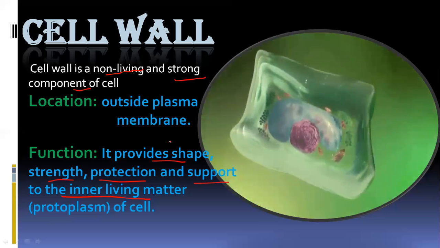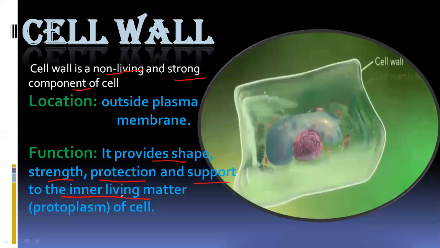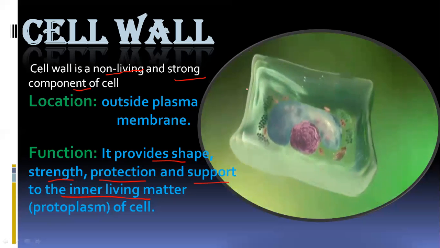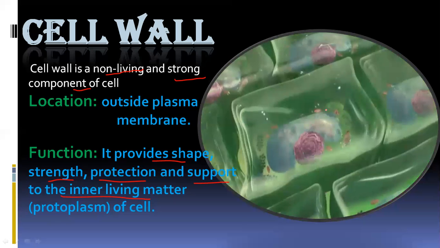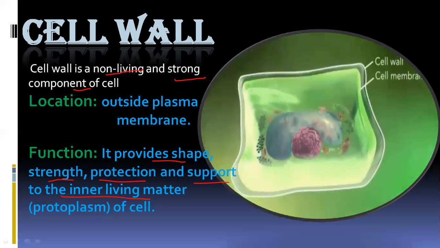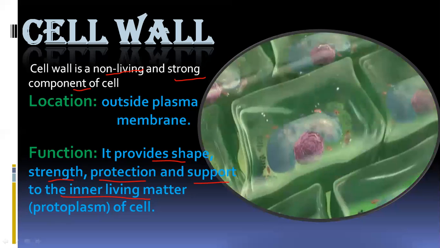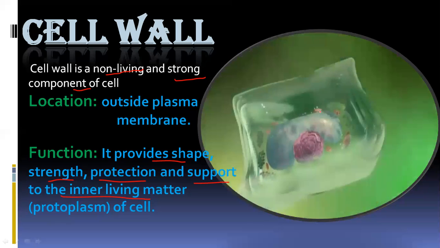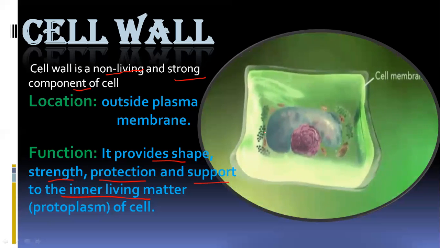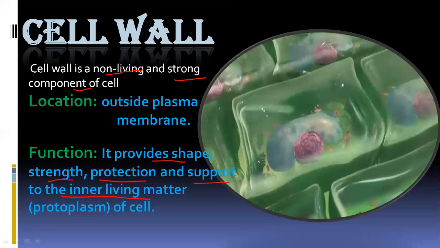So their cell wall has to be very strong, that protects and supports the inner living matter, because if it is not present, the matter can escape, evaporate, can be dehydrated, the cell can be ruptured, and ruptured means shrunk, and the plant can die. So that gives proper shape and protection to the plant cell.